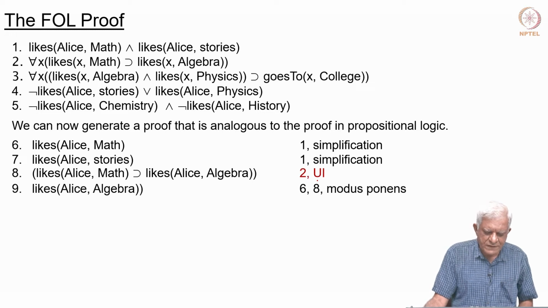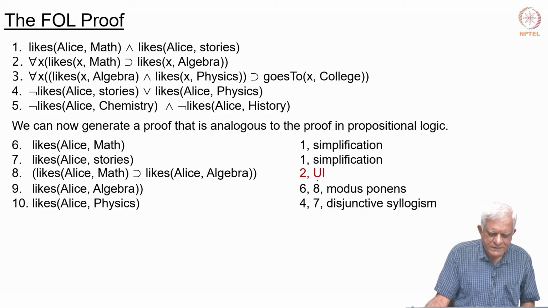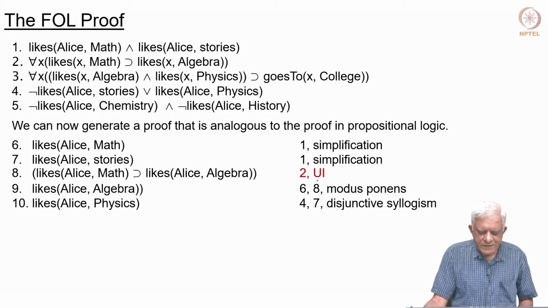Now, we can infer that Alice likes algebra because we know that she likes maths, and we can also infer that she likes physics, because sentence number 4 in the knowledge base says that either she does not like stories or she likes physics.